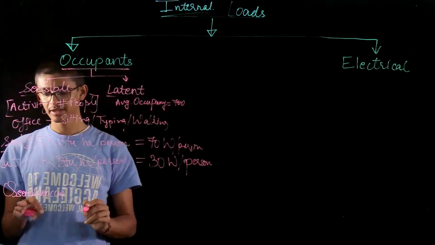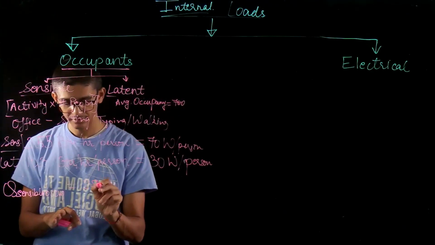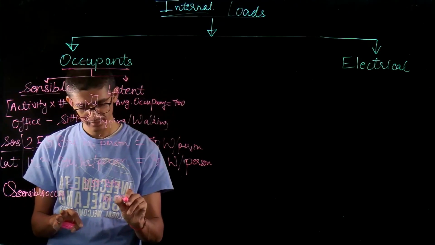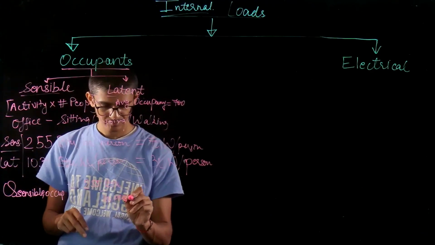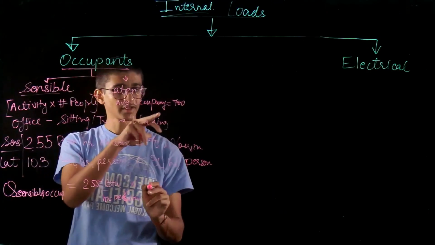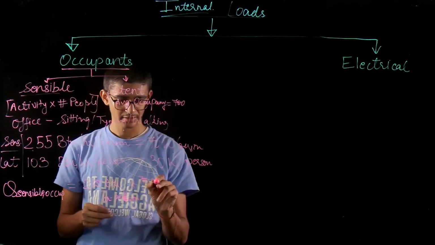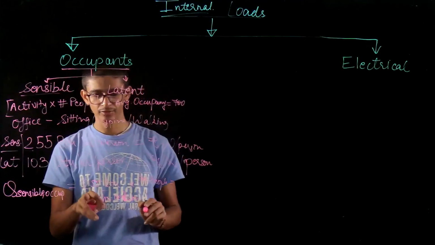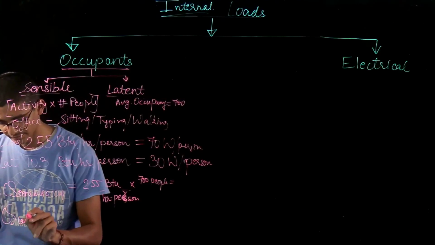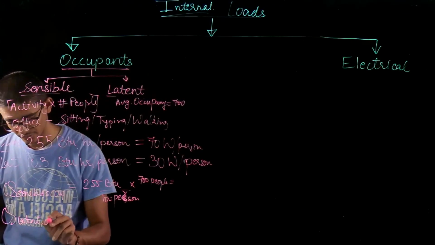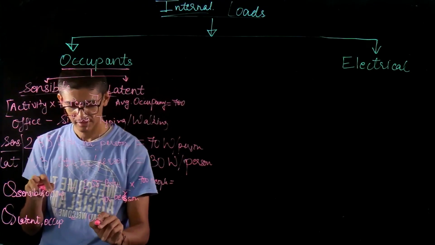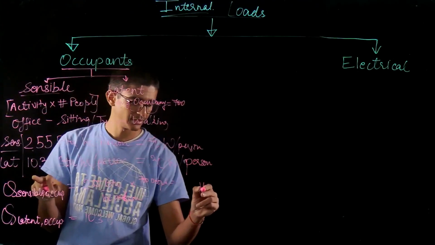So the sensible heat gain will be 255 BTU per hour per person, into 700 people. So my value would be 255 into 700, and my Q latent from occupants will be 103, and this value will be in BTU per hour, into 700 people, will be some value in BTU per hour.